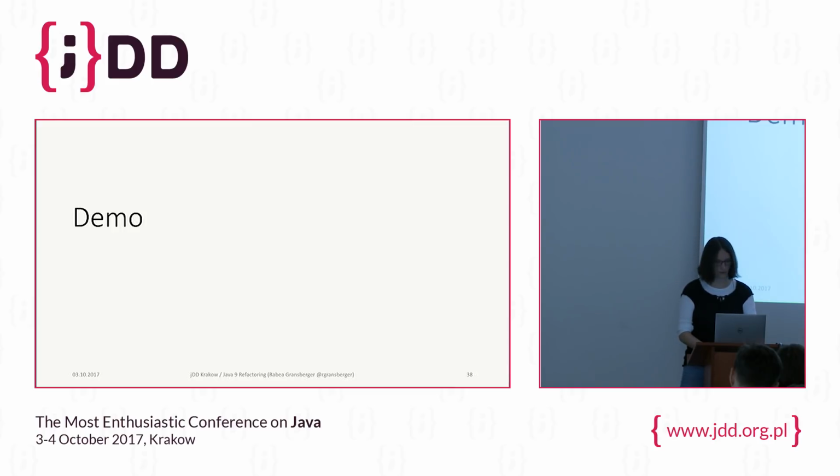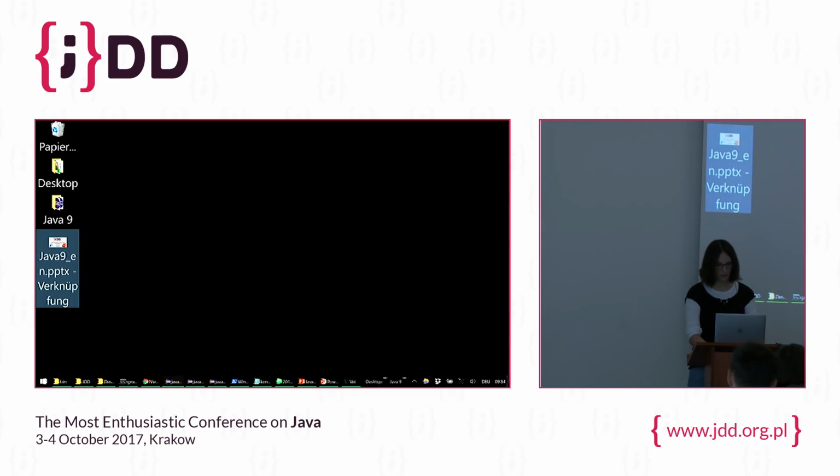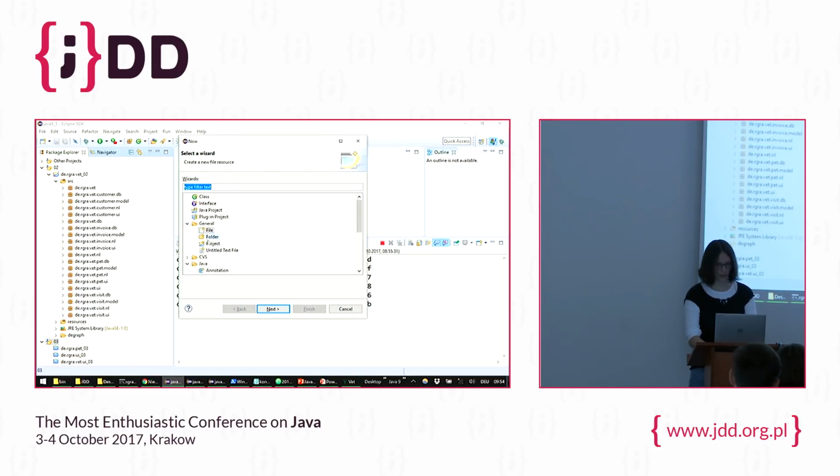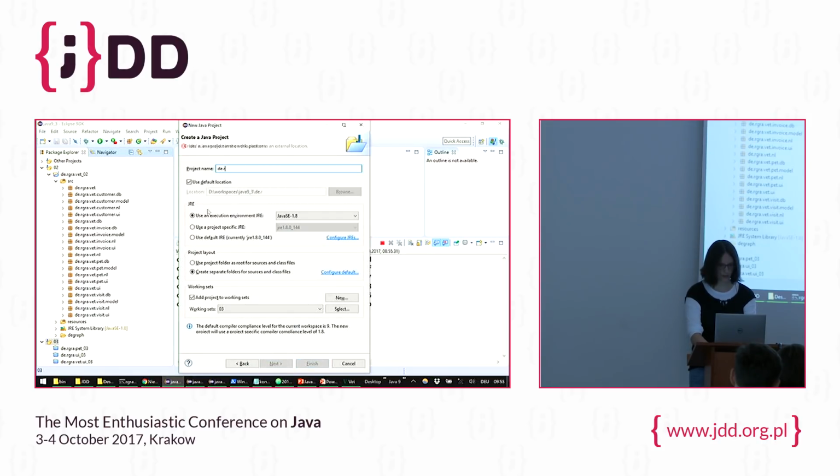So let's actually do the refactoring here and create some modules. Let's go into the source code. So this is my old application, right? It's our vet application with all the packages in here. And we now want to split it up into the modules we just designed. So we create a new Java project here, and we call it model.